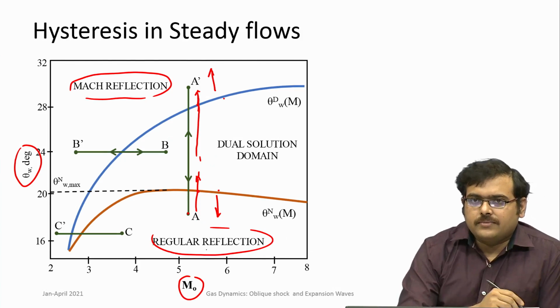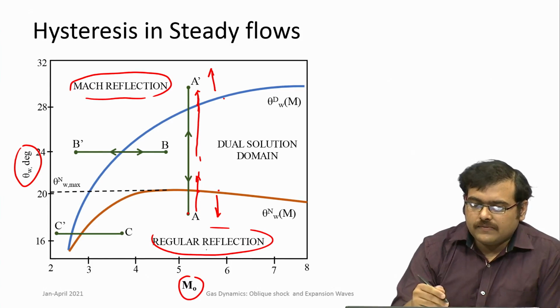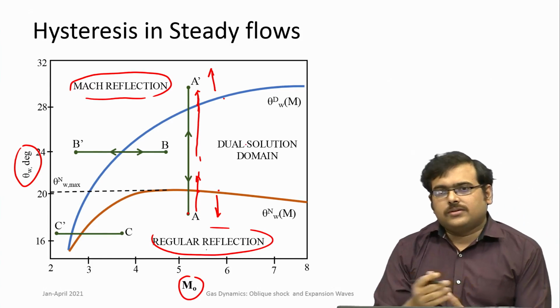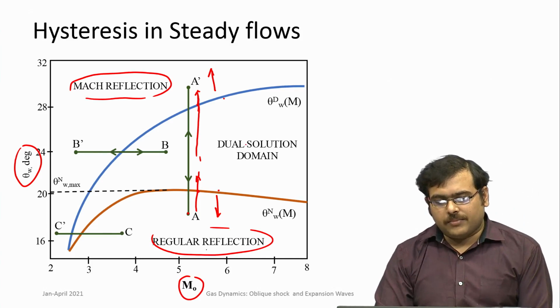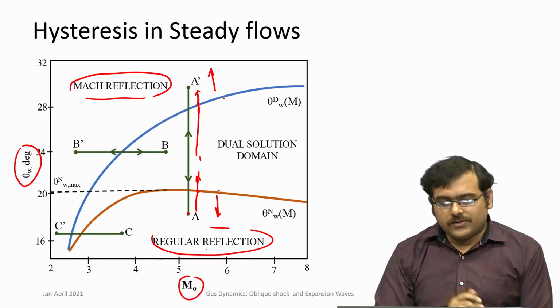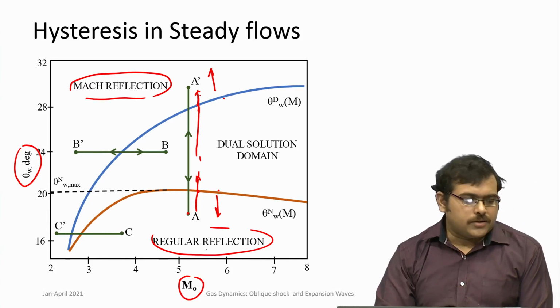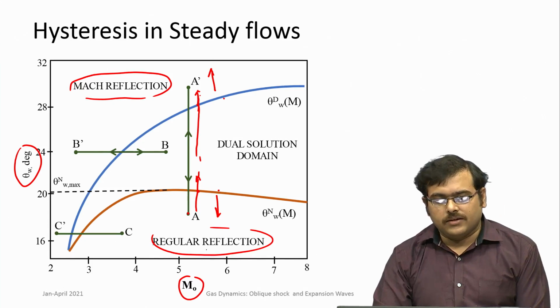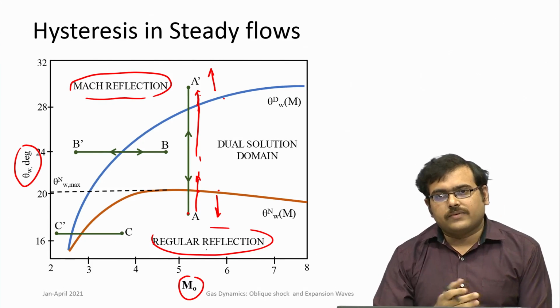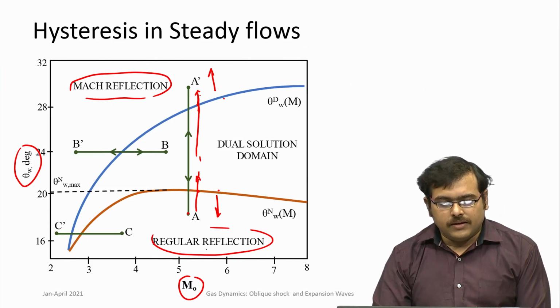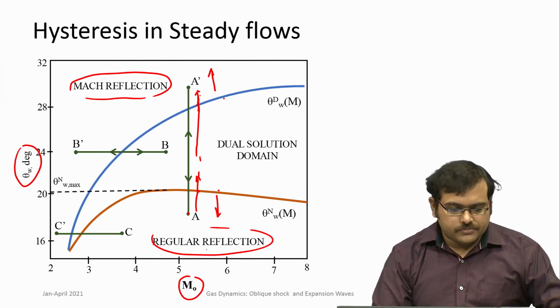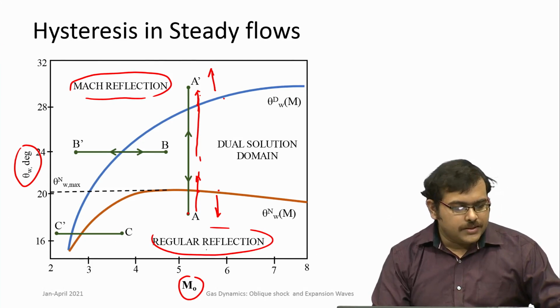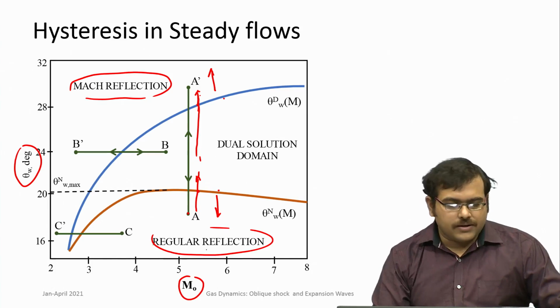There are regions where both these solutions can be observed, and it depends on the history of the flow whether you observe a Mach reflection or a regular reflection. Okay, so this is some interesting nonlinear behavior.